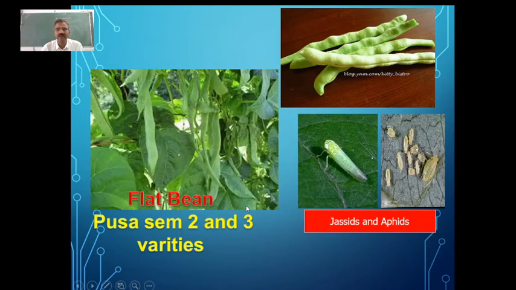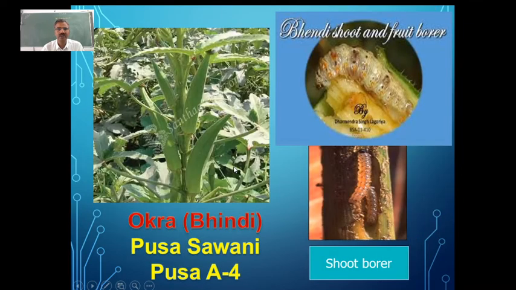Then in the flat bean, which is affected by the jassids and also aphids, we have a variety called Pusa Sem. In that we have Pusa Sem 2 and also Pusa Sem 3 varieties. So two varieties have been developed here by IARI, Pusa Sem 2 and Pusa Sem 3.